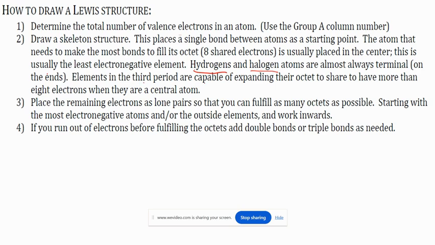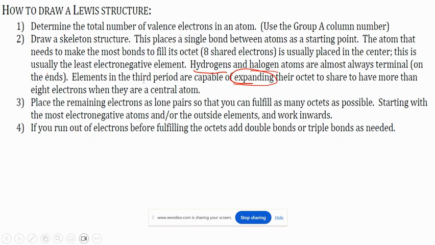Elements in the 3rd, 4th, 5th, 6th, and 7th periods are capable of expanding their octets so that they can actually have more than 8 electrons around the central atom. And I'll show you some examples of that later today. Place remaining electrons as lone pairs until you fill the octets. And then if you run out of electrons before filling, that's when you're going to do double or triple bonds.